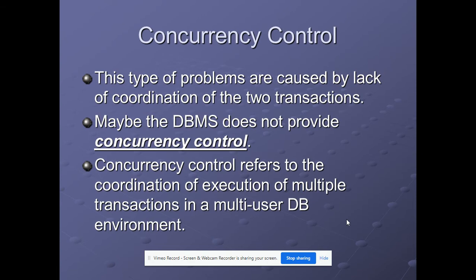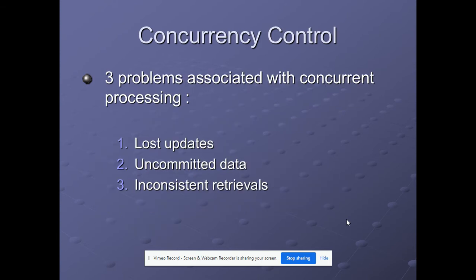Concurrency control refers to the coordination of execution of multiple transactions in a multi-user database. We've talked about this one. Then there are three problems associated with concurrent processing: lost updates, which is what I was talking about, uncommitted data, and inconsistent retrievals. So we are going to talk about that.